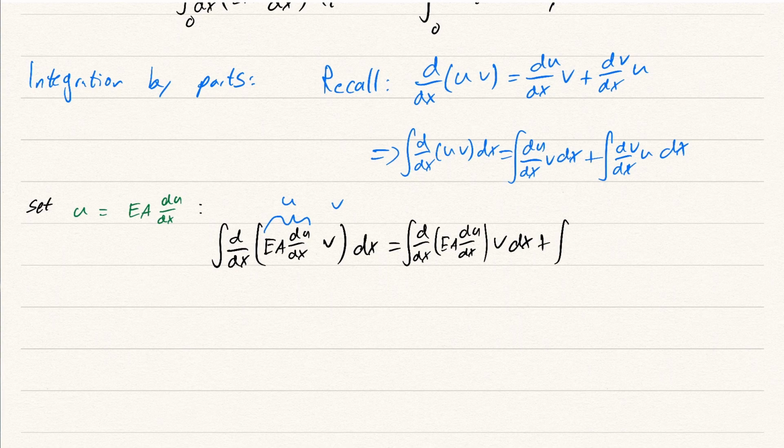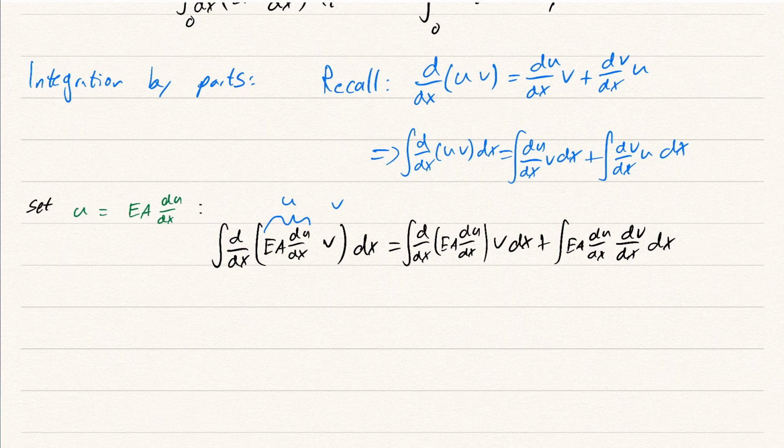So we can start with the u first, because that's EA times du dx. That's u, and then the derivative of v, that's just dv dx. We'll get back to this later, and substitute v. Okay, dx. Good. So that's the first step of doing this.